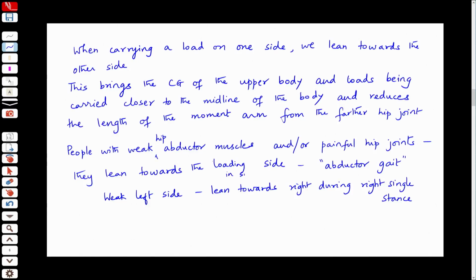And we are talking about single stance, where all the body weight is on one side. And vice versa. So, if I have a weak right side, then when I am on left side single stance, I try to lean more towards that side, so as to reduce the moment.